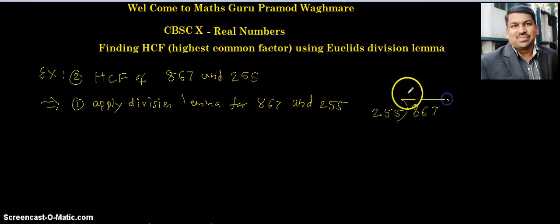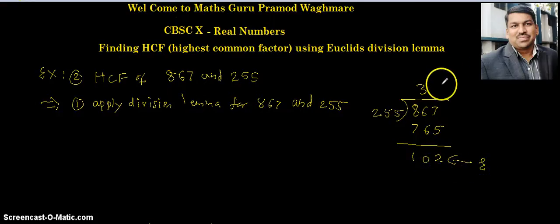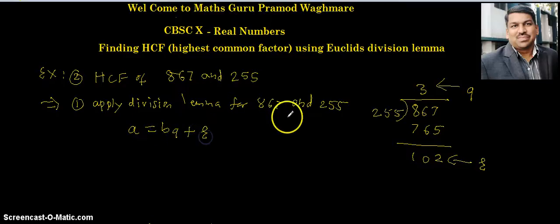We know that 255 into 3 is 765. Okay, so what is the remaining? We get 102 as a remainder. And what is the Q? Q is 3. So by lemma we can write A is equal to BQ plus R. What is A here?